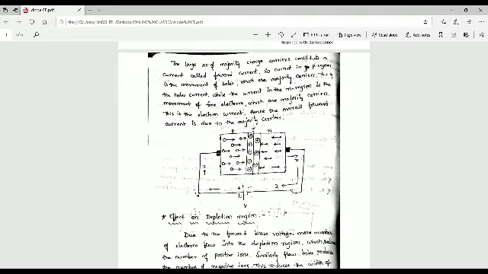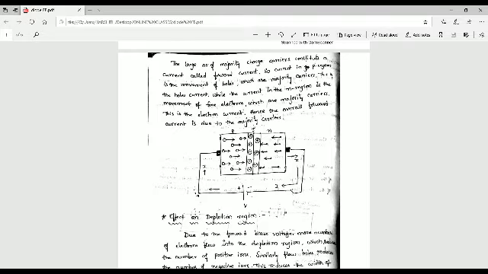The large number of majority carriers constitute a current called the forward current.